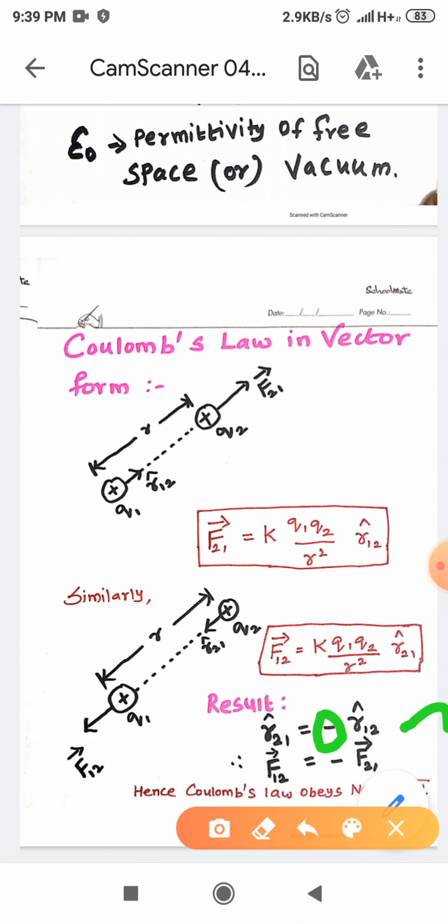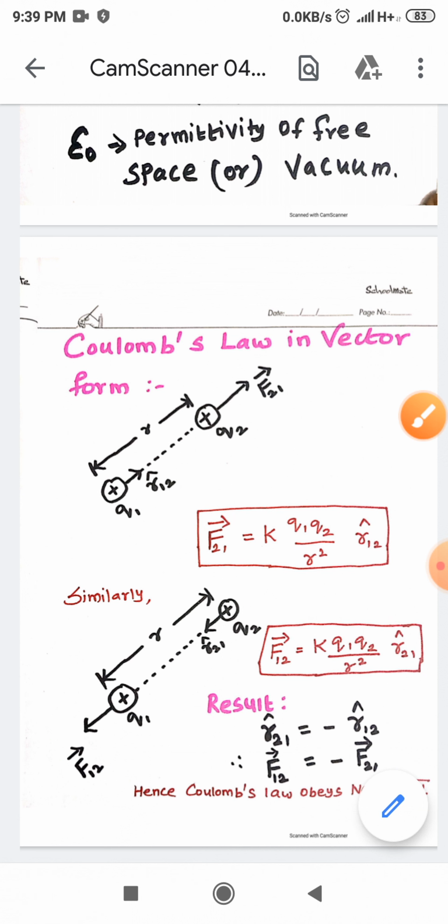Similarly, the two forces F21 and F12 are equal but act in opposite directions. So F12 vector is equal to minus F21 vector. From this we come to understand that Coulomb's law obeys Newton's third law of motion.